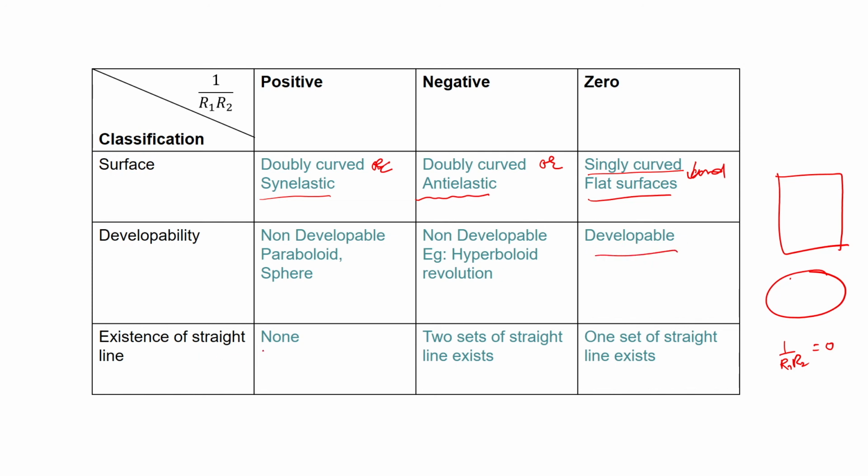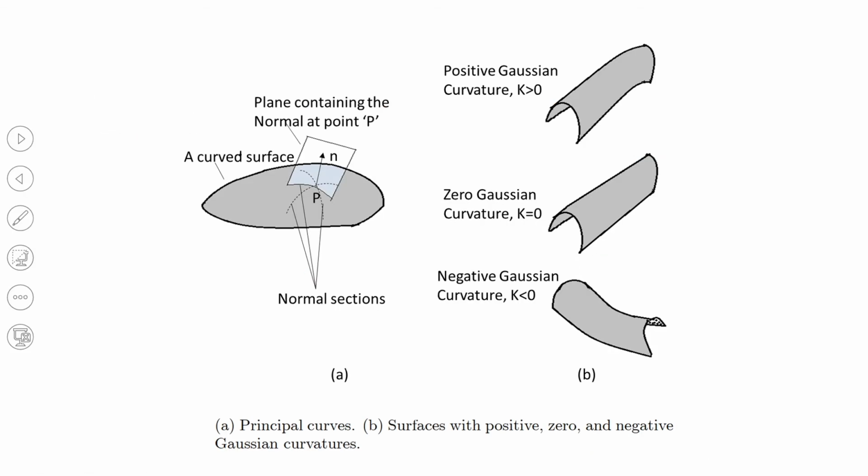And then the existence of straight lines: for positive surfaces, they do not have any concept of straight lines. A negative surface will have two sets of straight lines, like this, while here one set of straight lines exists. So, there will be a straight line in one direction, but the other direction will be curved. These are some examples of how the surfaces look.